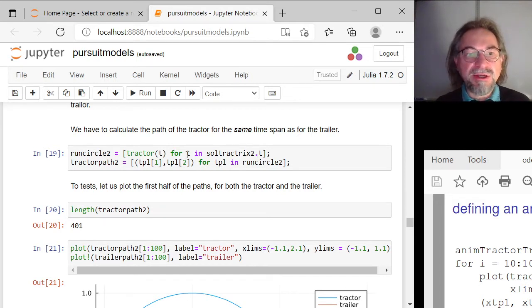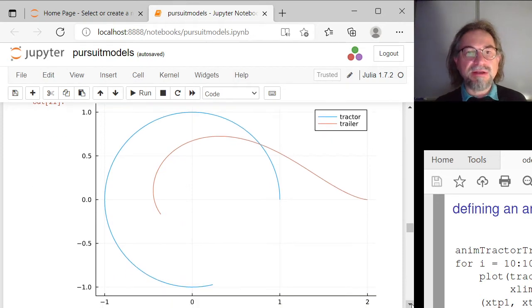So I'm selecting all times and running through the circle again with the tractor function, but now I'm going to make sure that my path for the tractor has exactly as many points as the path of the trailer. That's important.